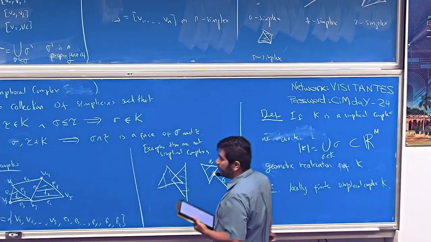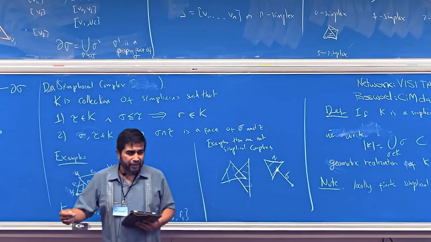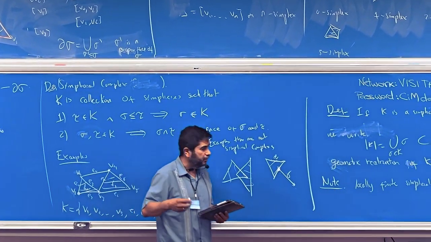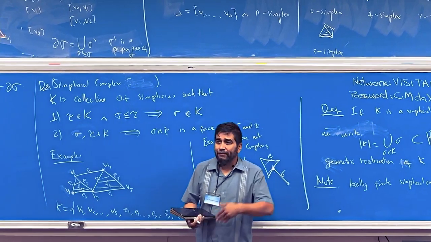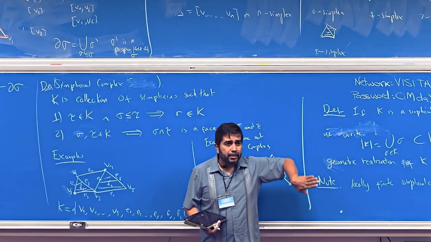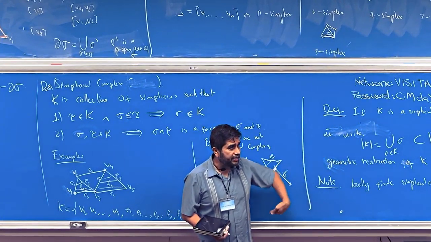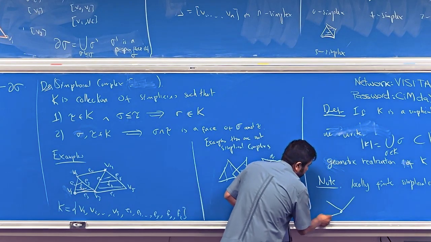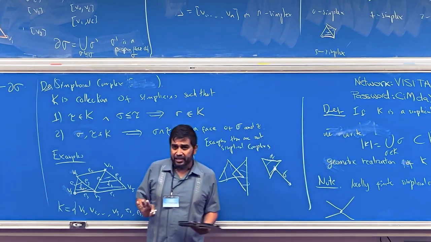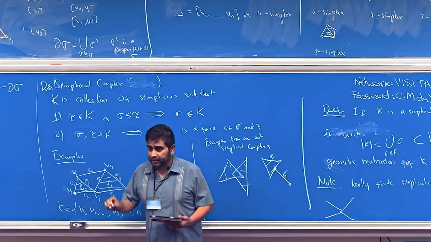The meaning of locally finite simplicial complex is that for a vertex, for example, there are only finitely many simplices that contain it as a face. For example, there's just 4 edges coming out of this vertex.